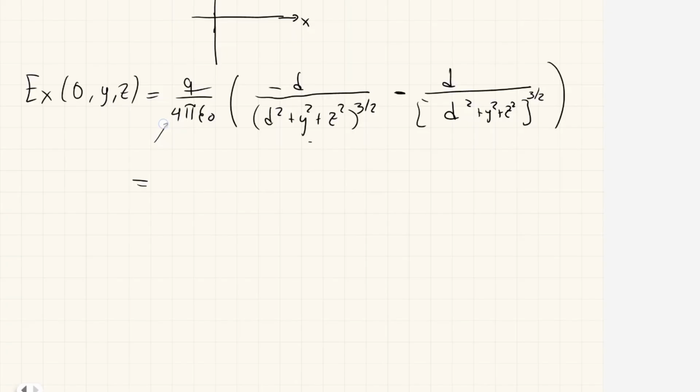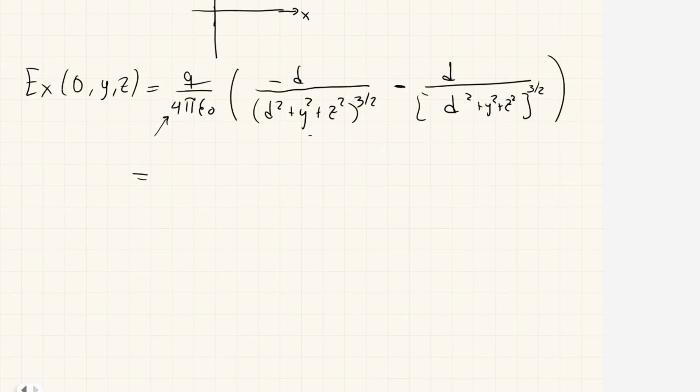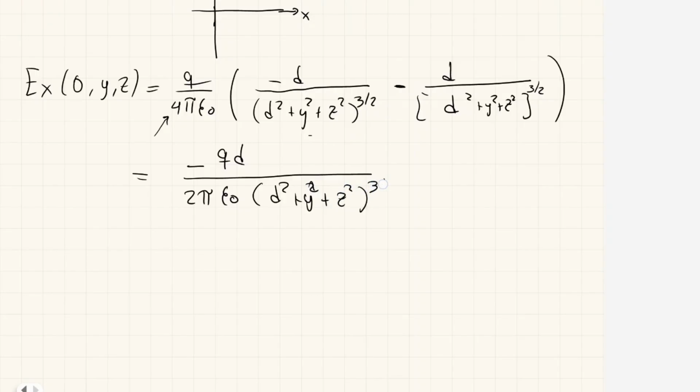So we are going to get that this is minus Qd divided by 2 pi epsilon 0, and then (d squared plus y squared plus z squared) to the 3 halves. Okay, perfect. So that is going to be the normal component of the electric field on the plane.